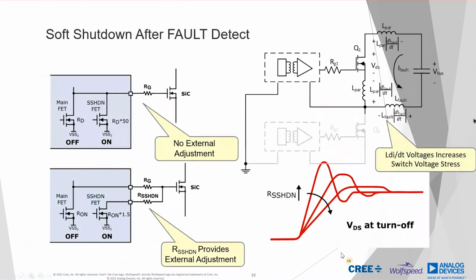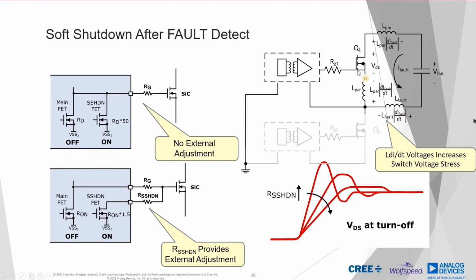Okay, so one of the things that's important after detecting the fault is how you're turning off the fault. So kind of like Goldilocks, you need to turn it off fast enough that you're protecting, but not so fast that you're damaging the device. Because when you turn off the switch under a fault condition, you're going to have a much larger fault current, and you're going to have a lower impedance present.